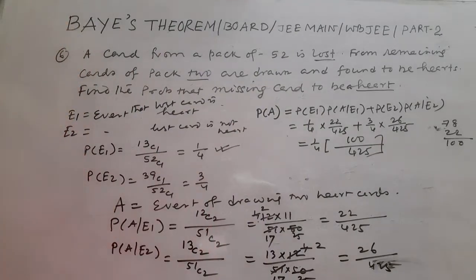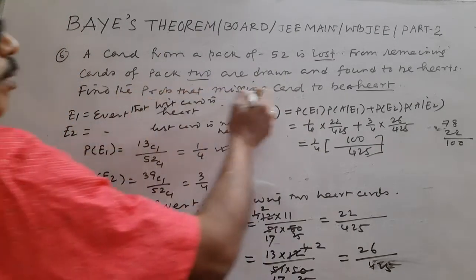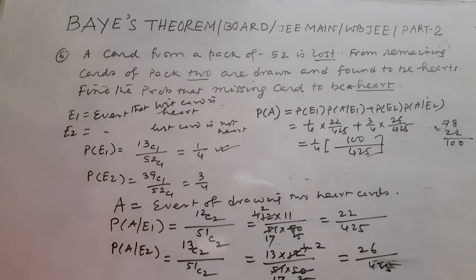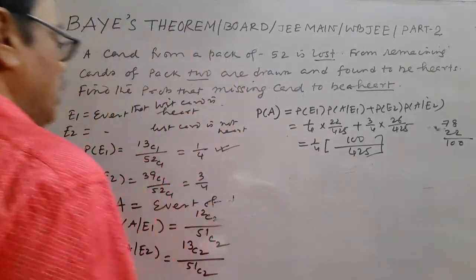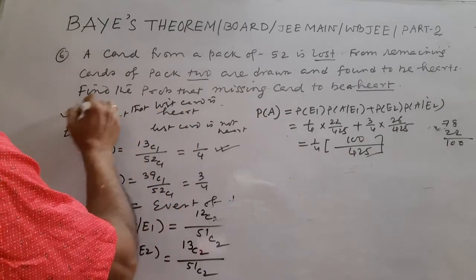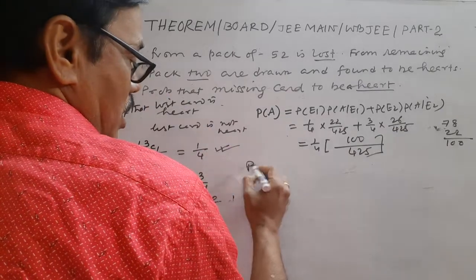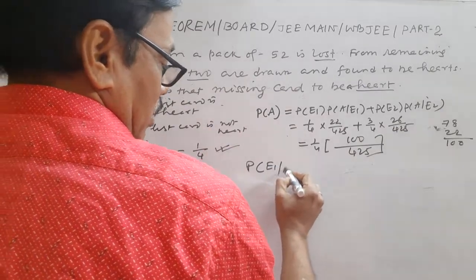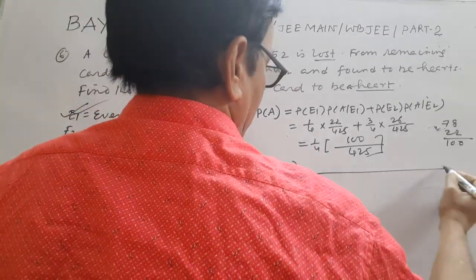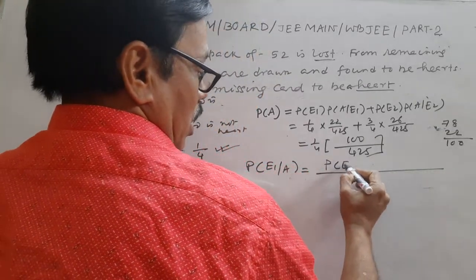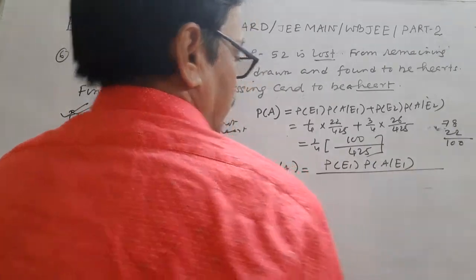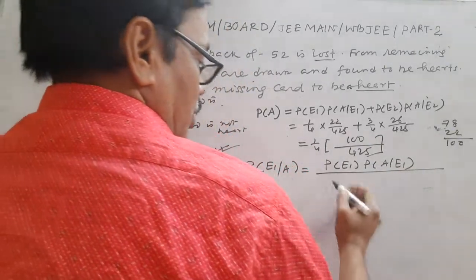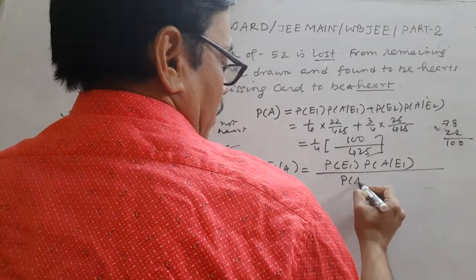Now what is the required probability? Find the probability that the missing card is heart. Missing card to be heart is E1. So P(E1 by A) is the required probability. So P(E1) into P(A by E1), divided by P(A).